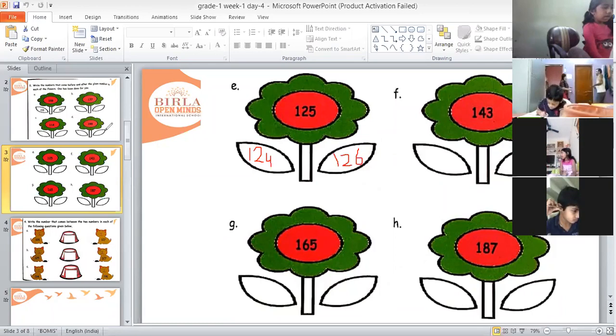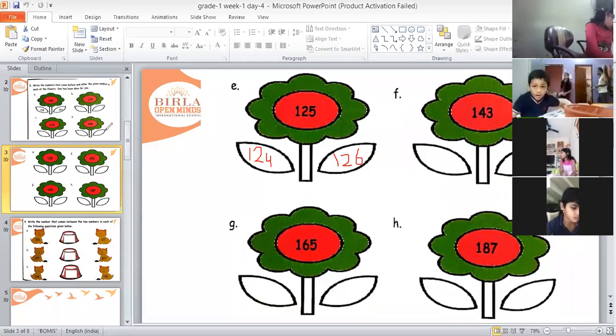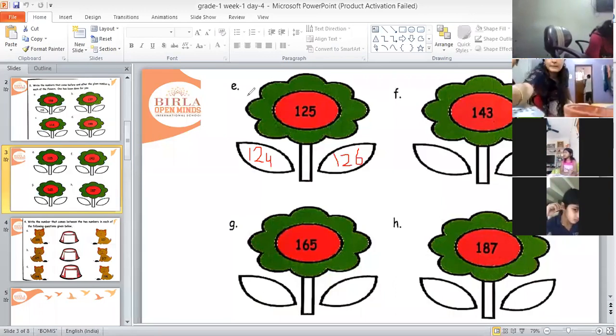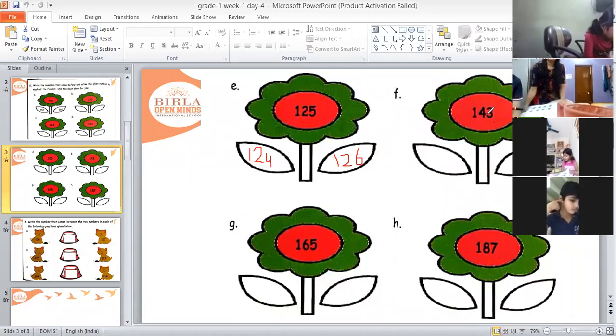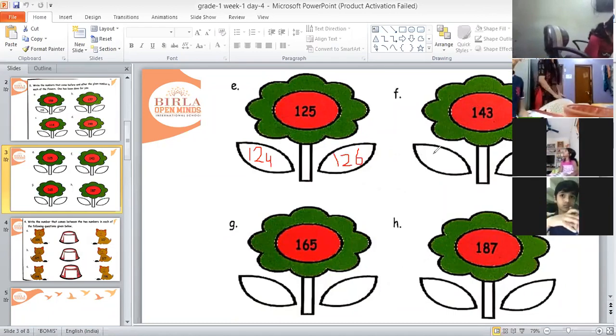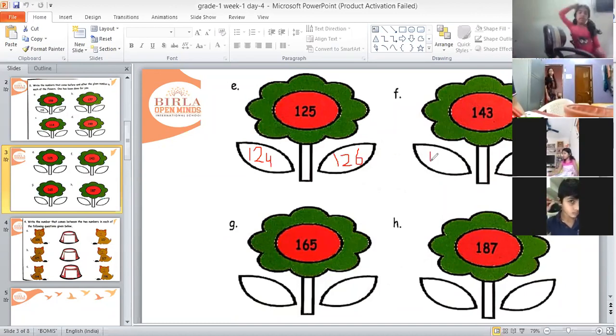Sai Ritvik, now tell me the answer for bit F. Tell me what is the number inside that flower. First tell me what is the number inside that flower. 143. Very good. So now tell me what comes just before 143. 142. Good.